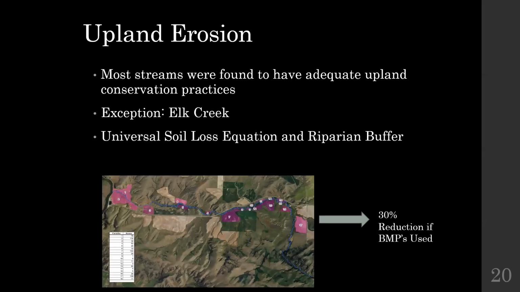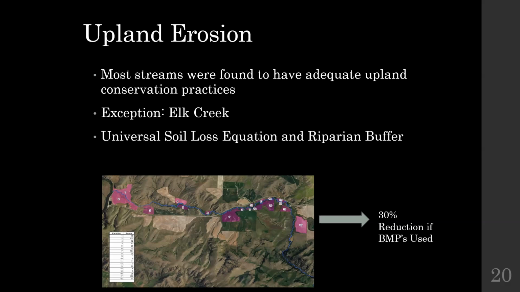Finally, the third source of erosion that was investigated was upland erosion. Just a general survey of the area found that most streams had adequate upland conservation practices going on. So most of the erosion could be covered by the bank erosion model. The exception was Elk Creek, which had fairly widespread erosion from the uplands.